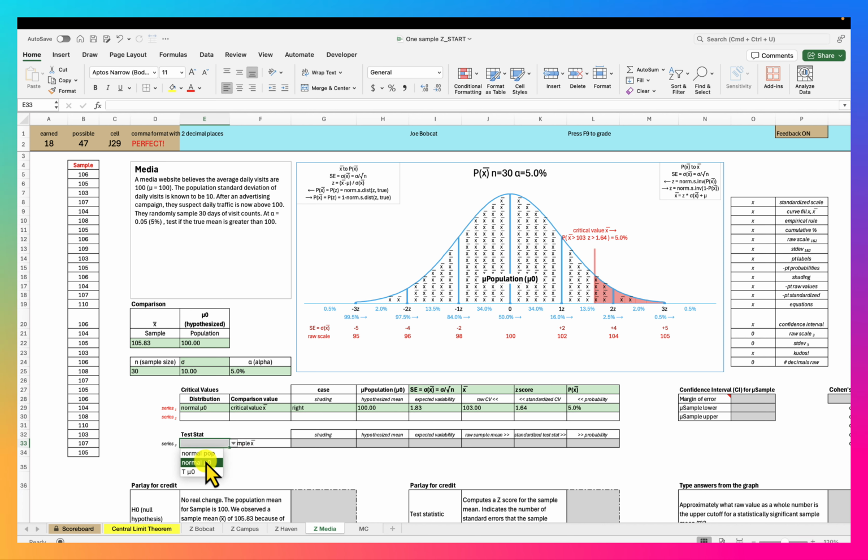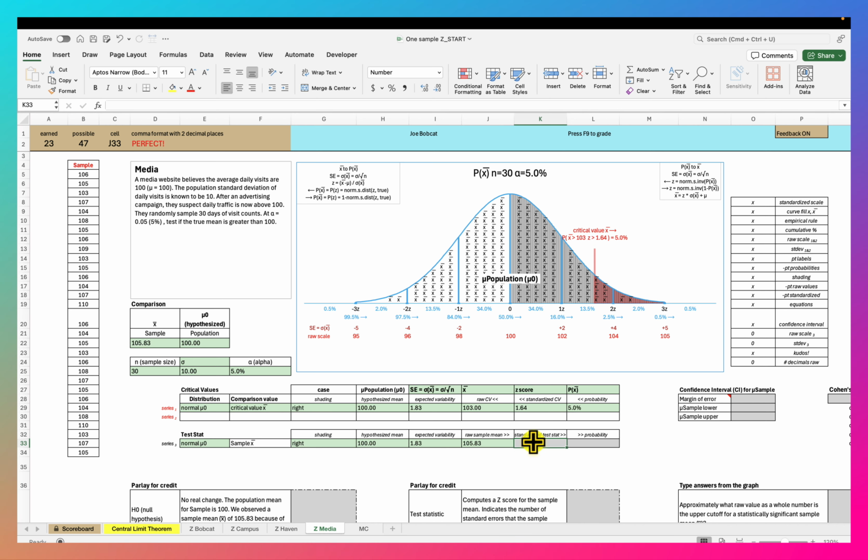Down to the test statistic, same distribution, same direction of shading, but it's not going to be that big. Hypothesized mean is still equal to that 100. Variability is still this. And the raw sample mean given in the problem is that one.